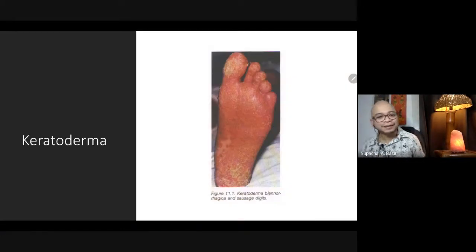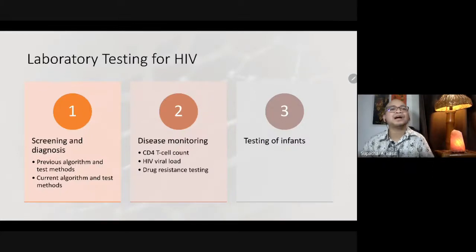So as a medical technologist, it would be our responsibility to test our patients, and our testing can be divided into three. So screening and diagnosis, and before we have a previous algorithm.